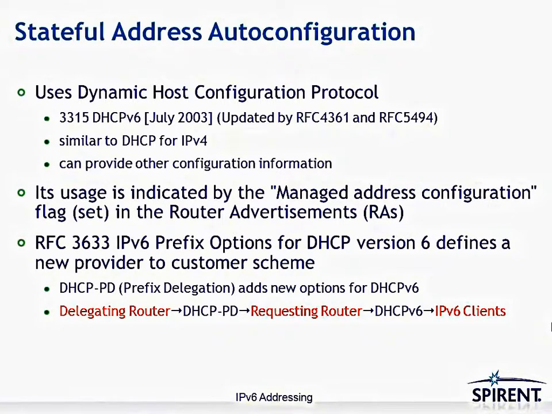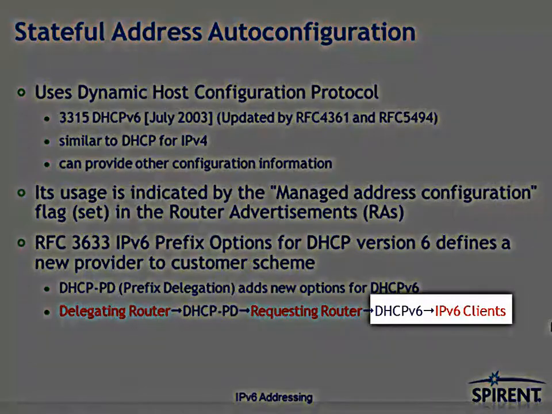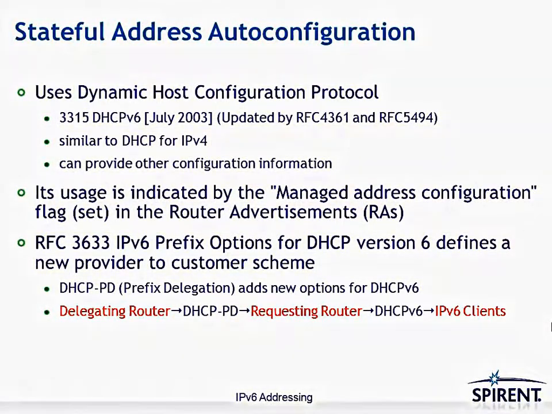And on the intranet side, it would just use standard DHCPv6 for its own IPv6 clients. So it's just a way for your organization's router, in this case the requesting router, to get a prefix from the ISP and then use that prefix to distribute specific IP addresses to its own clients within.